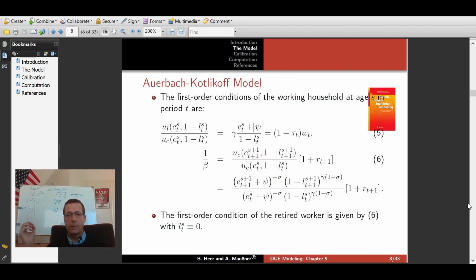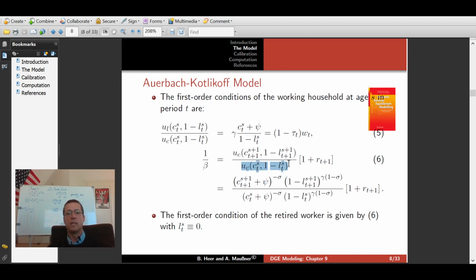Equation 6 is our first order condition with respect to savings, our well-known Euler condition. And here we compare the utility of consuming 1 extra unit today, or rather saving it, receiving interest 1 plus r, gross interest next period, which gives us utility U_C of consumption next period and leisure next period, which we still have to discount by the factor beta in order to make it comparable to our utility loss in the present period t.